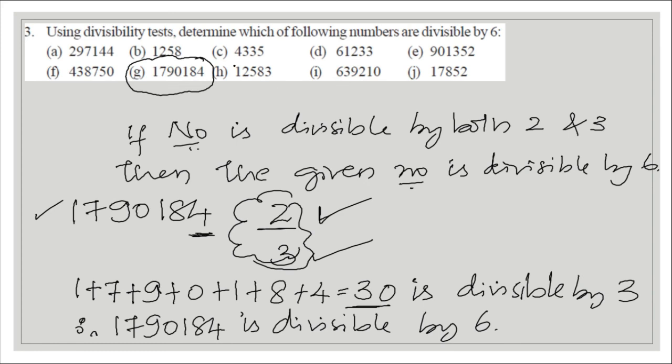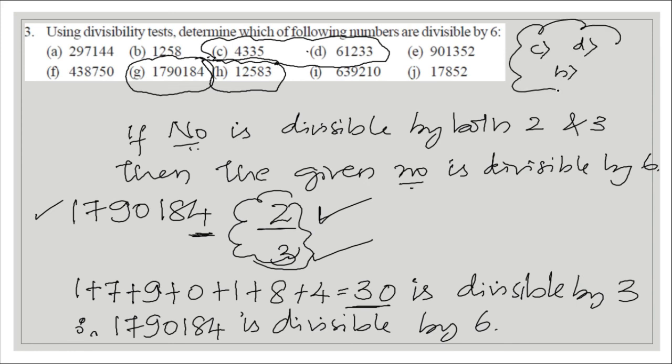So for example, if I consider C, D and H, these numbers are not having an even number in the units place. So these are not divisible by 2. When the given number is not divisible by 2, then the number is not divisible by 6.